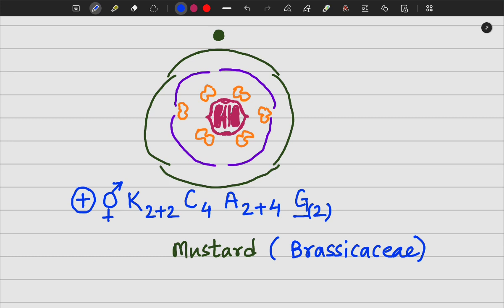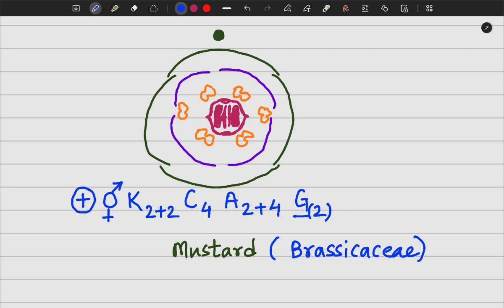So this is how a plant is described with the help of its morphological features. First of all, the description has to be simple, using scientific language, in proper order, and it has to be brief. Alright, first of all we describe the habit of the plant. Then we describe the vegetative characters of the plant.